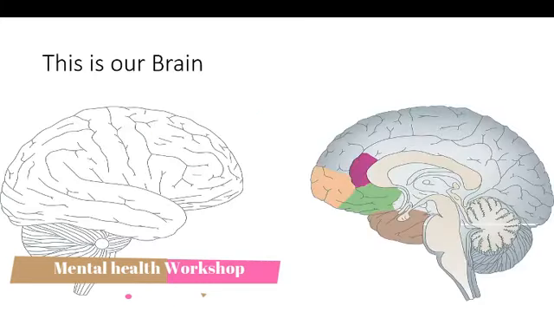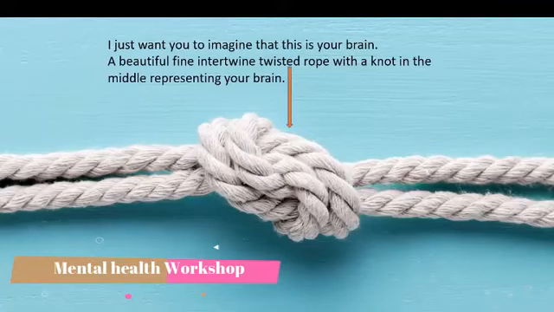This is how our brain works in a normal mode of functionality, and everything is all right. I want you to just imagine that this is your brain, a beautiful, fine, intertwined, twisted rope with a knot in the middle representing your brain. This looks cool, I hope you know that. And it's quite good work.